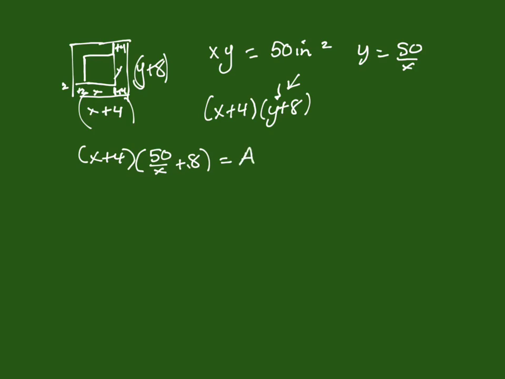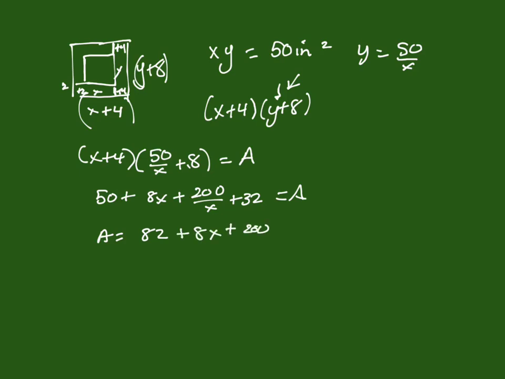And so that would be, multiplying it out, 50 plus 8x plus 200 over x, right, plus 32. So that's equal to the area. The area is equal to 82 plus 8x plus 200 over x.